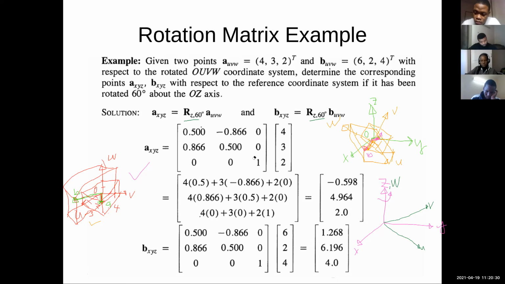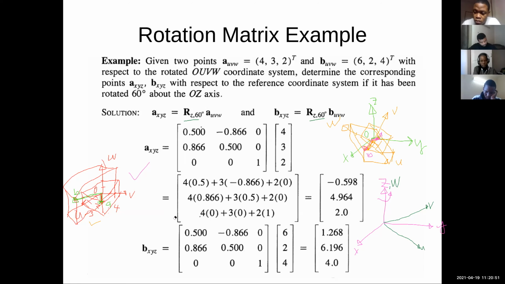It is 0, 0, 1 on the third column, and then cosine on the diagonal, and minus sine and sine on the off-diagonals. Okay, so we just substitute the value and then you compute.